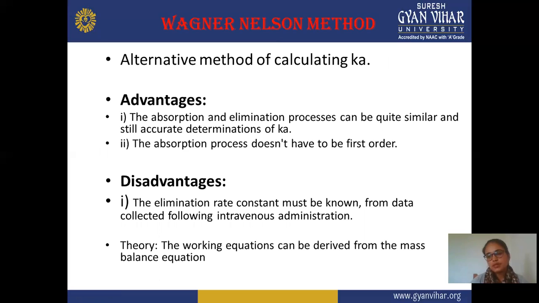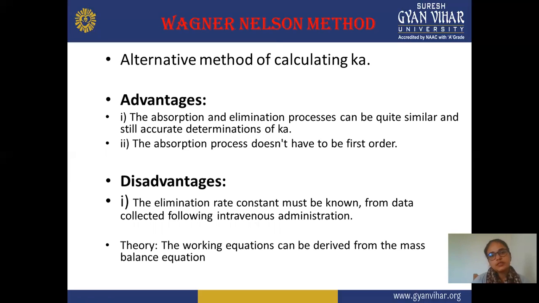Now we discuss the next method, the Wagner-Nelson method. This is an alternate method for calculating Ka, the absorption rate constant, and is the alternative to the previous one.